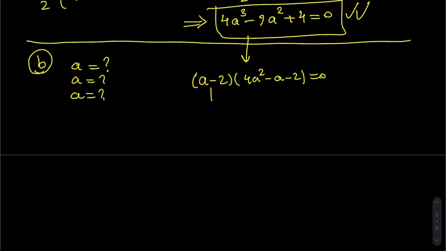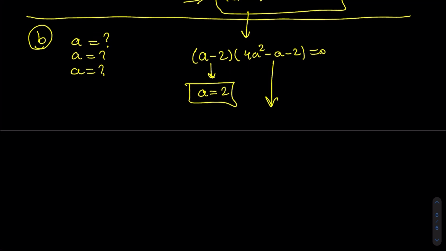So from here I will get a is equal to 2, and for this quadratic part, I will use delta. Delta is equal to b squared minus 4ac, and a here is 4, b is minus 1, and c is minus 2.